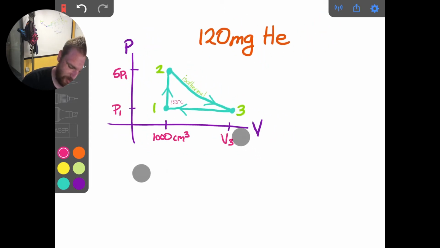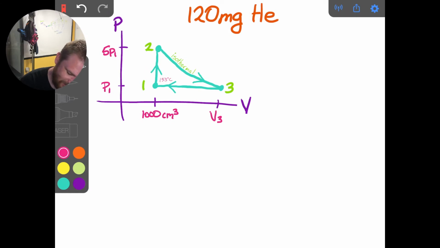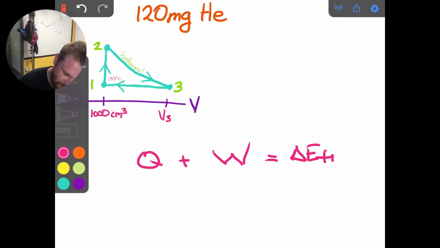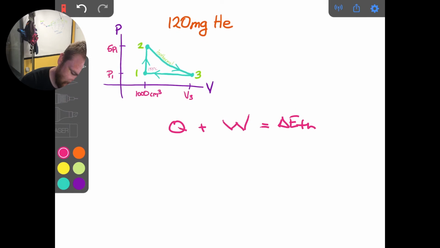And so let me show you what that looks like. So the first law table begins with writing down the first law of thermodynamics. And so I like to write it for our table as being Q plus W equals delta E thermal. And these are the column headings for our table. So I'm going to go ahead and draw some lines to separate these things.